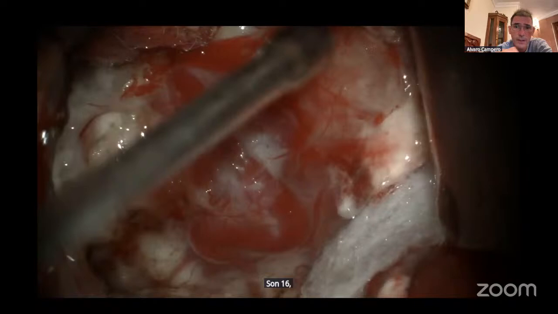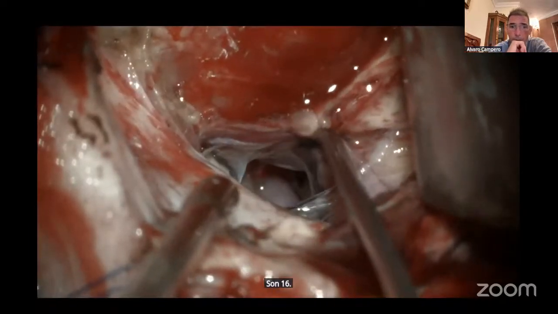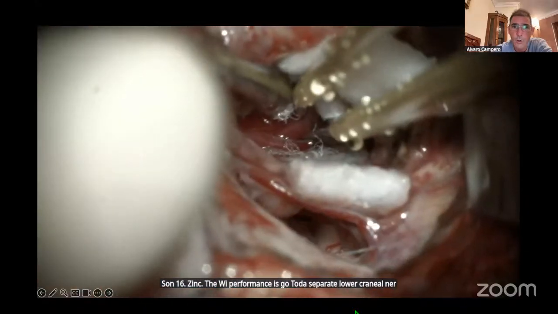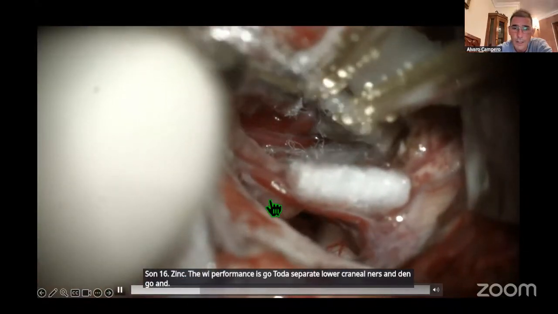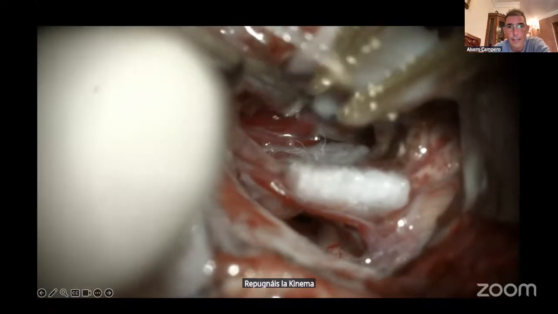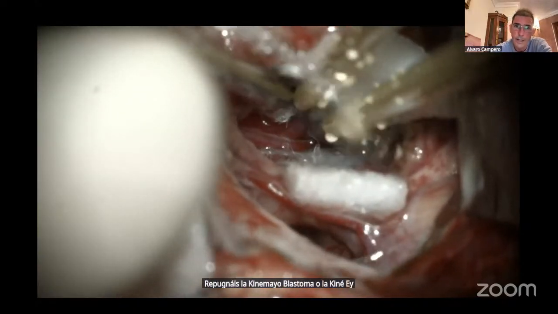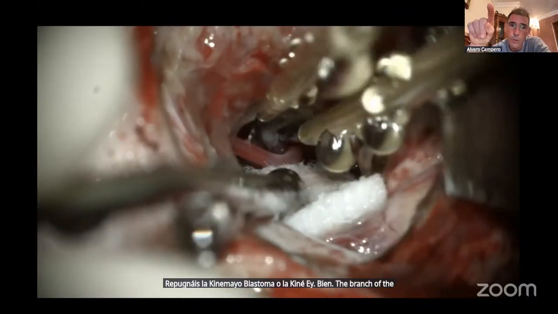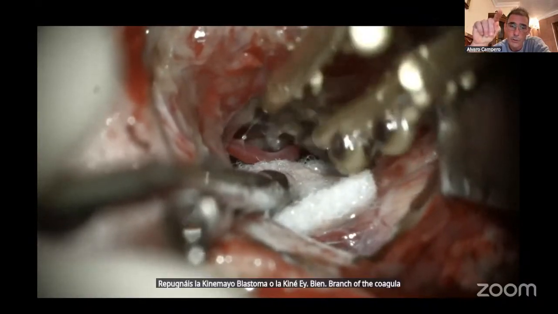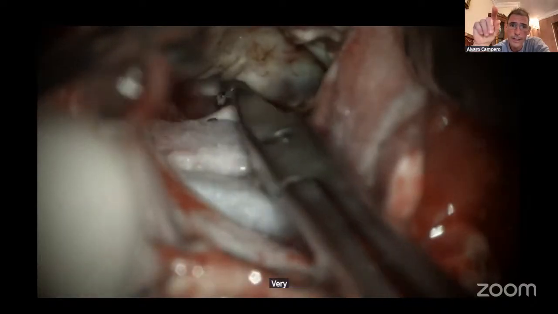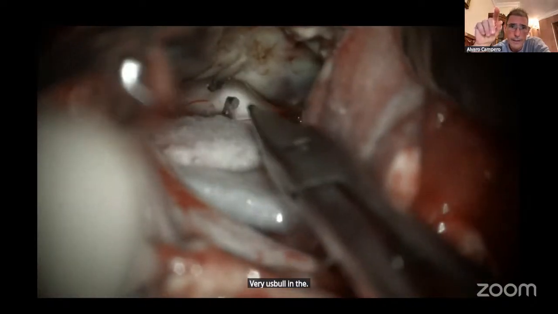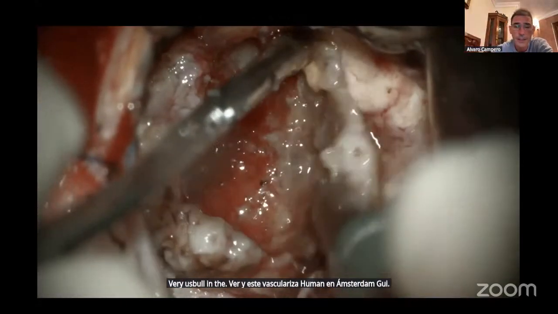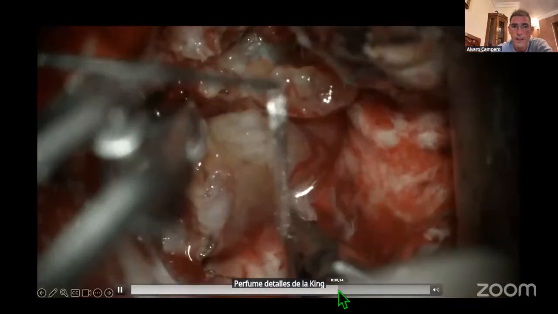The first thing that we perform is to separate the lower cranial nerves and then recognize, like in an angioblastoma or like in an AVM, the branch of the AICA that goes to the tumor, and coagulate and cut. So this is very useful in very vascularized tumors. And after that, we perform the surgery like in a normal tumor.